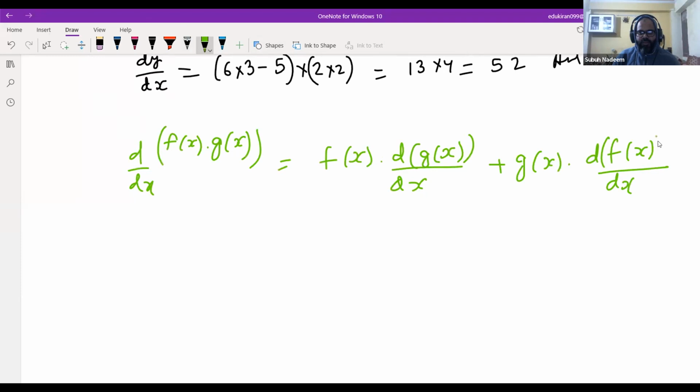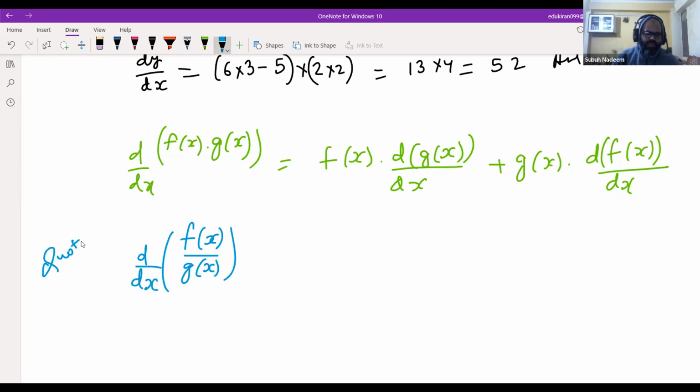So this is the product rule. The quotient rule is about division, the product rule is about multiplication.